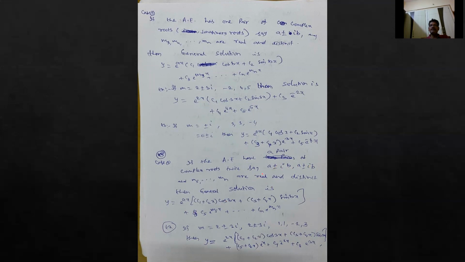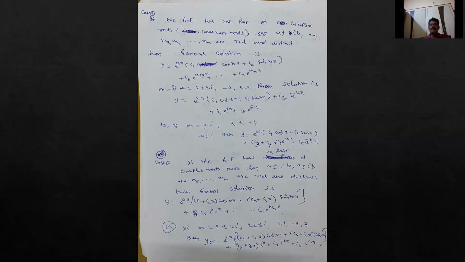Here a plus or minus ib is repeated twice, so totally 4 roots: one root is a plus ib, another a minus ib, and again a plus ib, a minus ib. So this can be written as e power ax into ((c1 plus c2x) cos bx plus (c3 plus c4x) sin bx), and the remaining are c5 e power m5x and so on up to cn e power mnx.